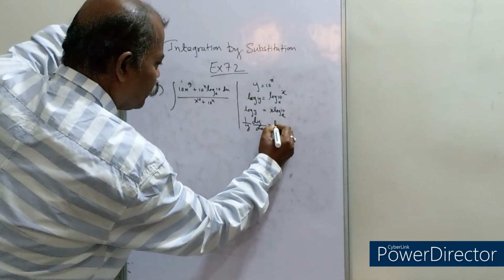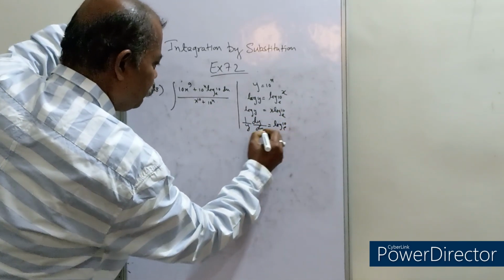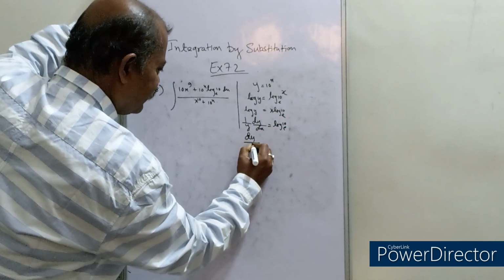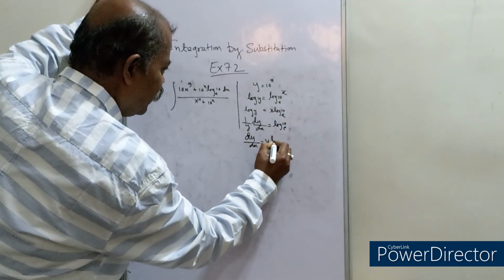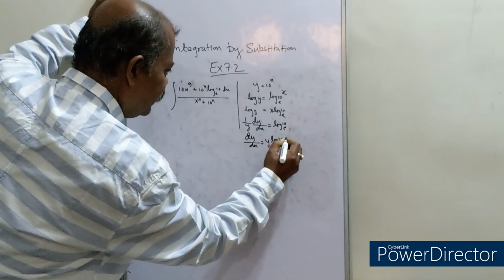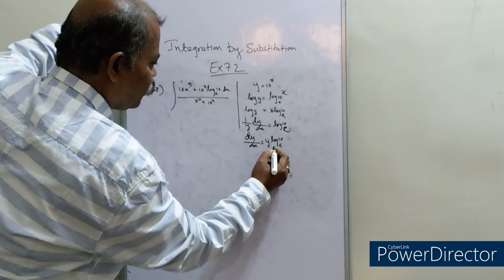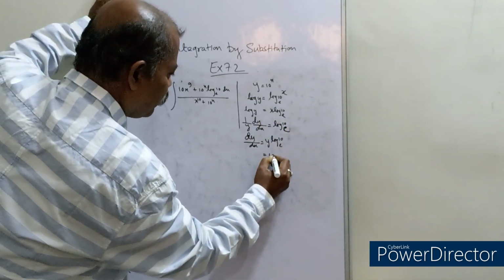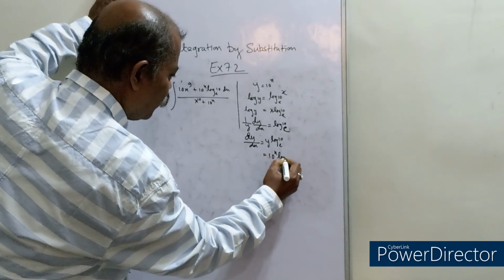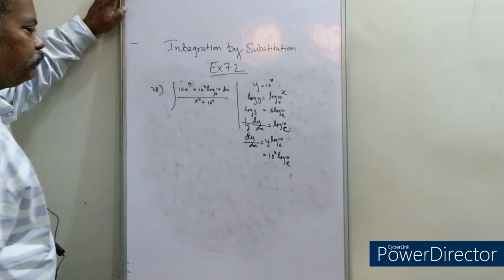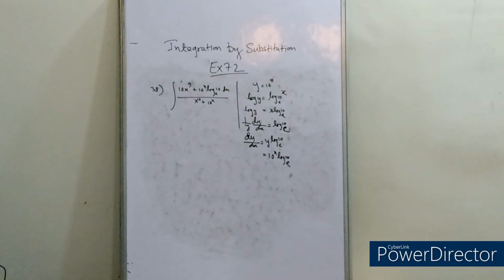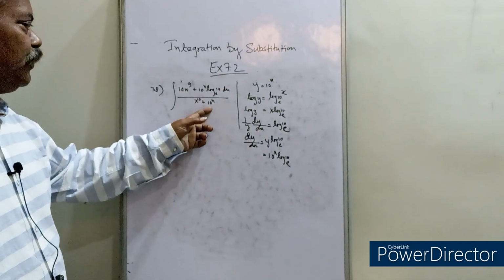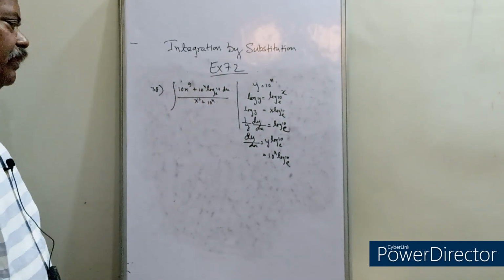So dy/dx = y log_e 10, and the value of y is 10^x, so dy/dx = 10^x log_e 10. So if you differentiate this, you get this.